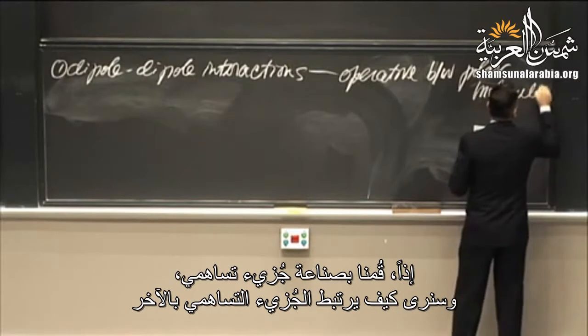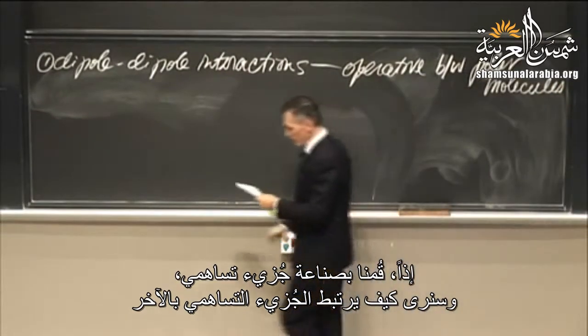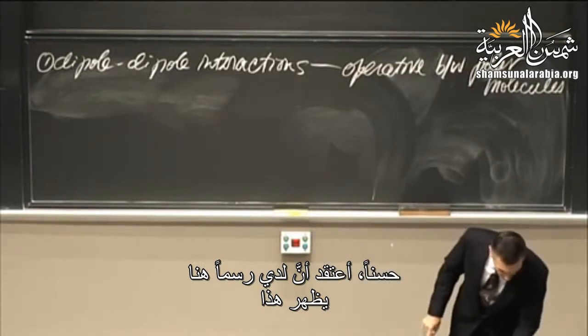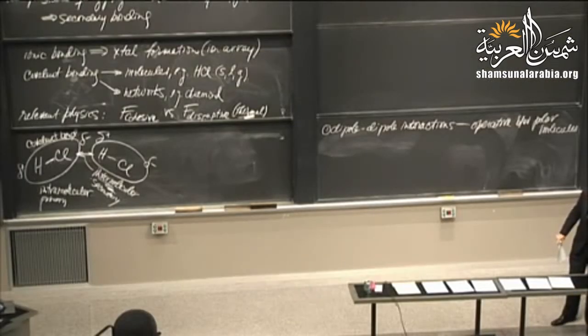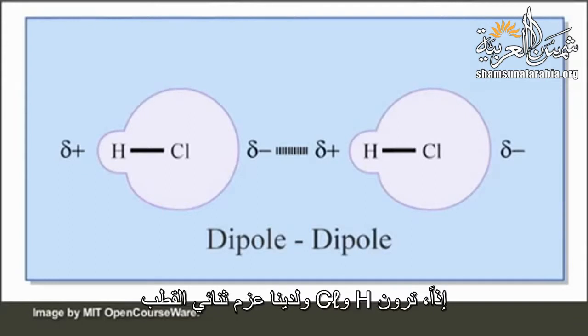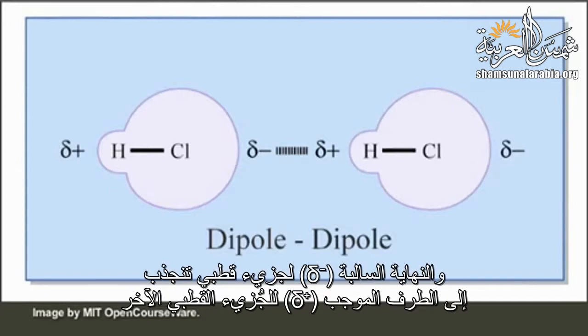So we've made something covalent, and now how does one stick to the other? All right, and I think I've got a cartoon here that shows this. There we go. That's taken from an old book that I had. So you see the H and the Cl, and we have a dipole moment, and the negative end of one dipole is attracted to the positive end of another dipole.